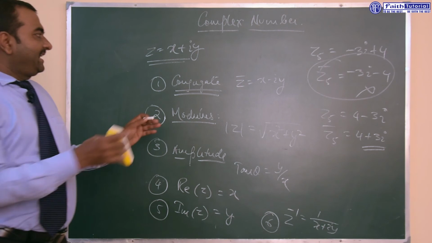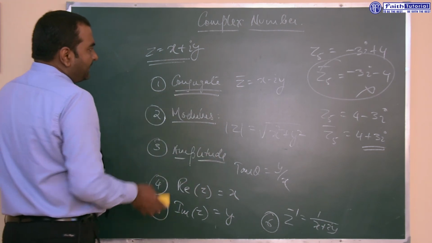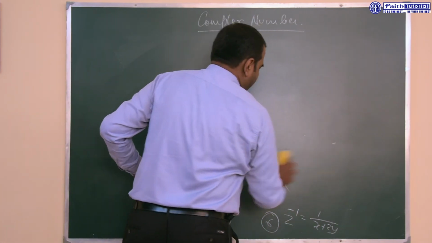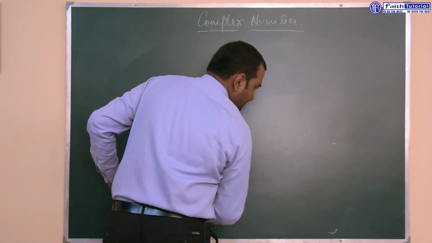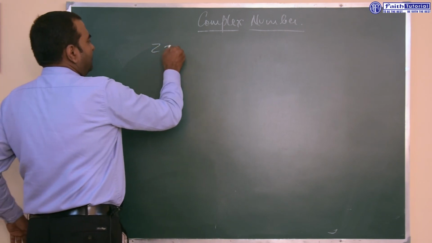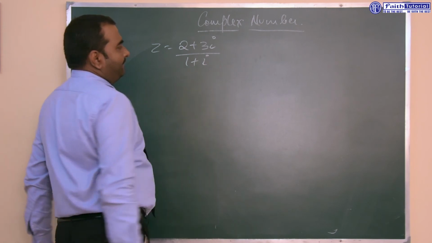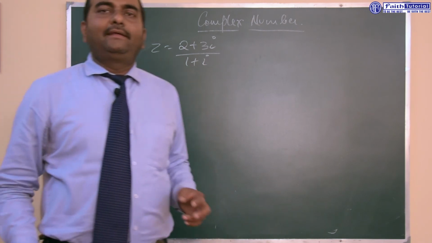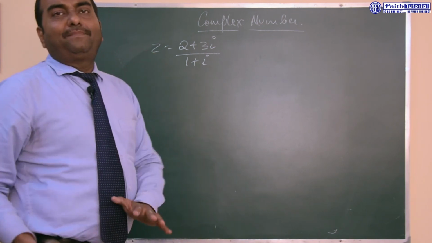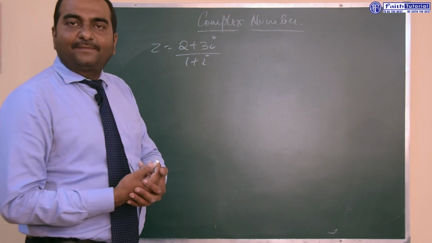Now let's take an example to understand what exactly this calculation means. Suppose a complex number z is given as 2 plus 3i divided by 1 plus i, and we have to calculate its conjugate, its modulus, its amplitude, its real part, its imaginary part, its inverse. Again, we start from the idea that it has to be expressed in the form of x plus iy.